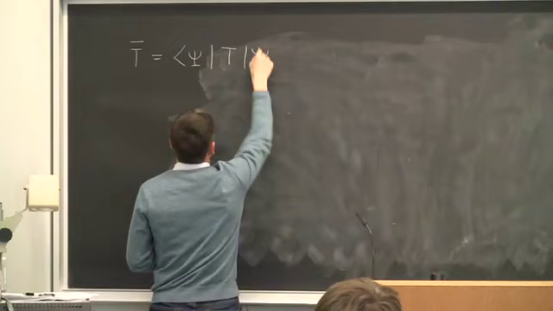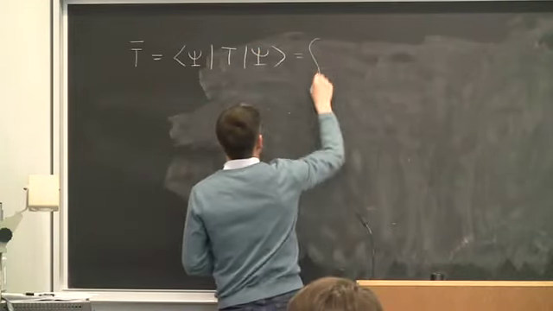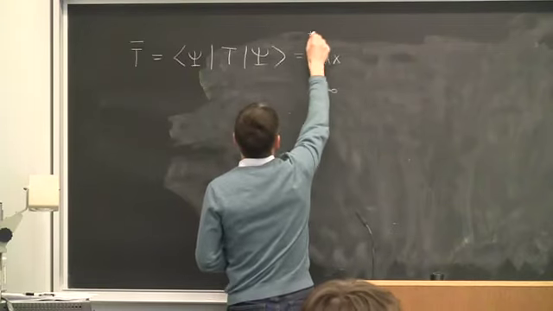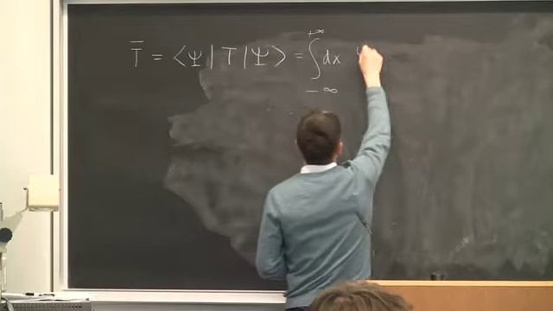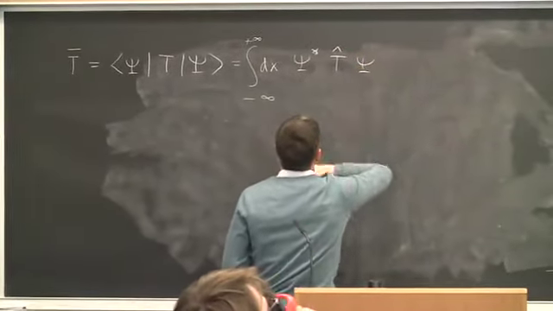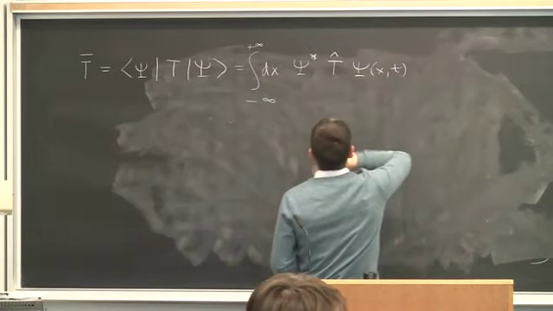So kinetic energy, average kinetic energy for any wave function which is normalized is given by this expression, right? And this is the same as, if the function is in 1D, integral over psi star T psi. Psi depends on x, may depend on t.